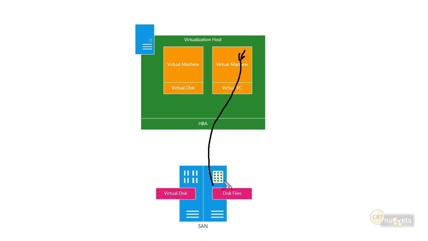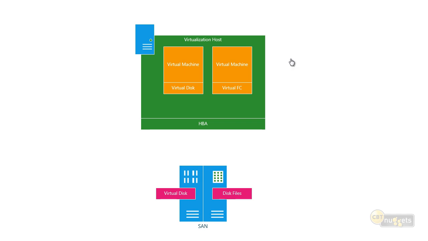So it is able to see the SAN as a SAN. It's able to write directly to the SAN without the hypervisor having to get involved in the conversation. So it's just one write operation instead of two. That's a pretty significant feature, and it can, depending on the application, create some pretty significant performance benefits. So it's worth keeping that in mind as you design these types of architectures.